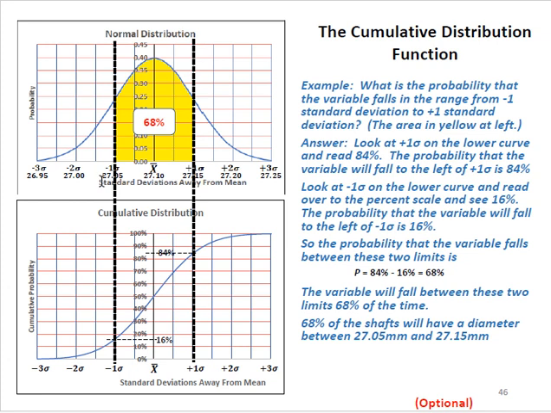The shaft diameter from 27.05 to 27.15 is your variable range, and it can fall there 68% of the time. That's the probability of getting from here to here in your shaft diameter. In other words, 68% of the shafts will have a diameter between 27.05 and 27.15 millimeters.